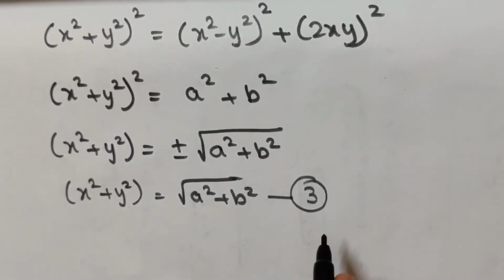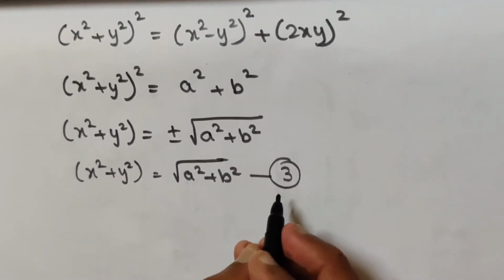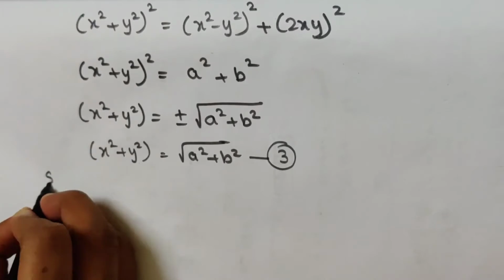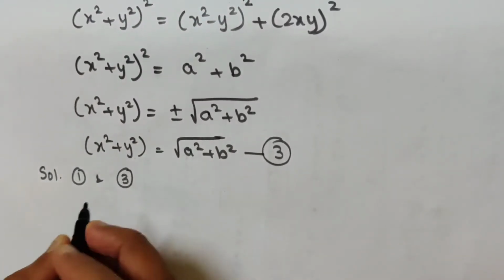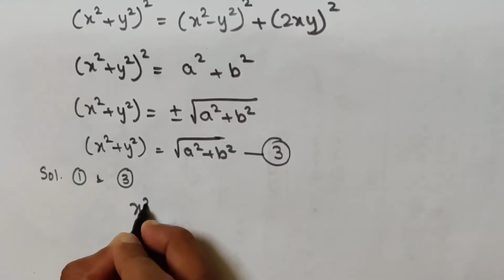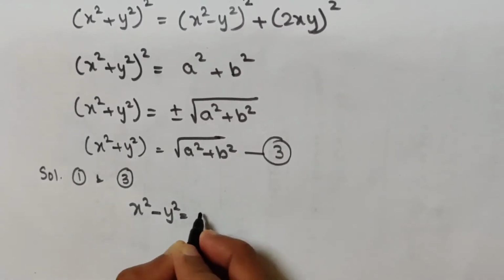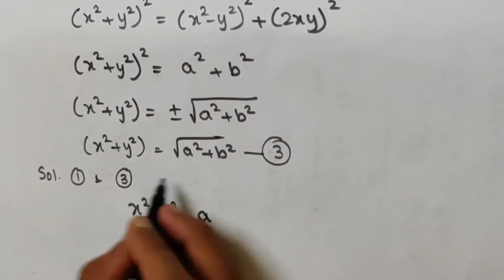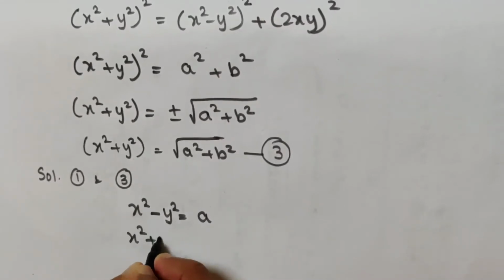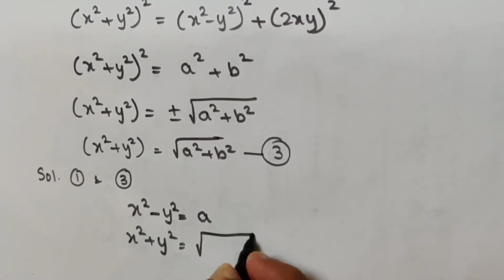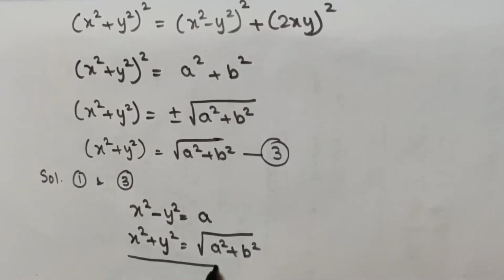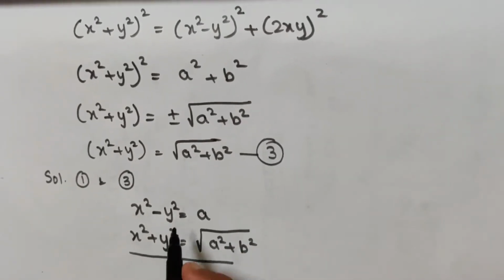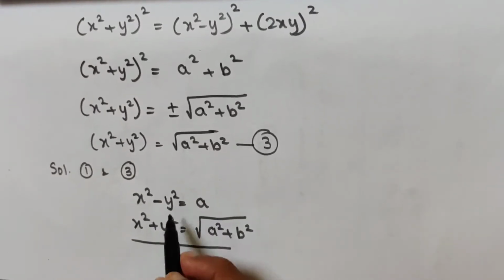Now I am going to solve the first equation and the third equation. My first equation is x square minus y square is equal to a, and the third equation is x square plus y square is equal to root of a square plus b square. Using the elimination method I am going to solve. So add both the equations.